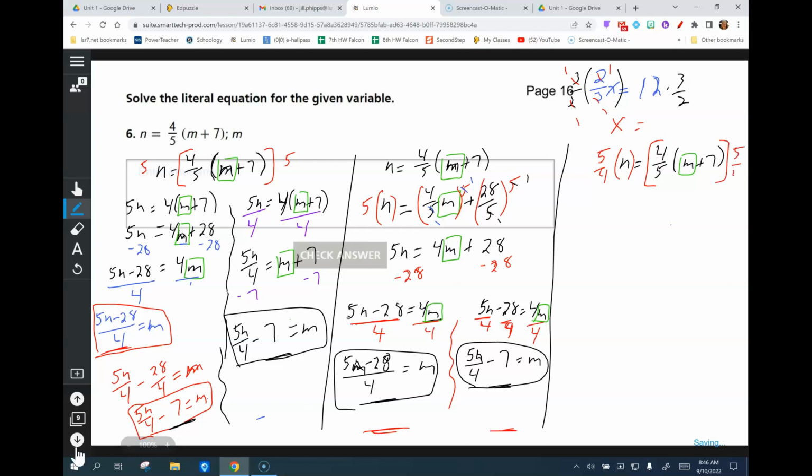So I'm going to multiply by 5/4. When I do that on the right-hand side, I just have 5/4 n. And on the left-hand side, notice everything that can cancel. I can divide the 5's and get a 1. I can divide the 4's out and get a 1. So then what I am left with is m plus 7.